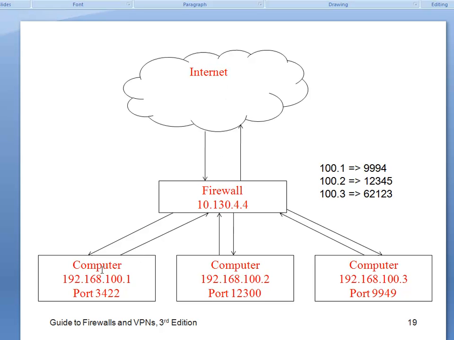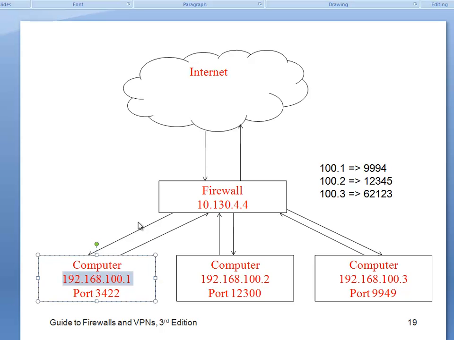Because these are private IP addresses. Try that sometime. Try to connect to a private IP address. Those are non-routable numbers, which essentially means that everything sitting back here on the network remains hidden behind the network address translation. So that's a quick and dirty explanation of how network address translation works.